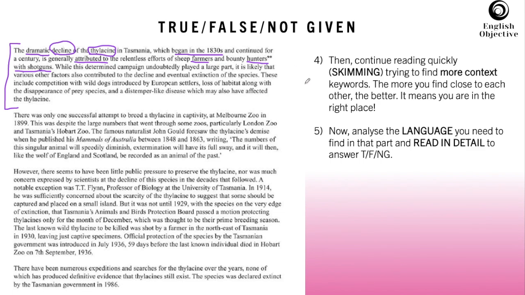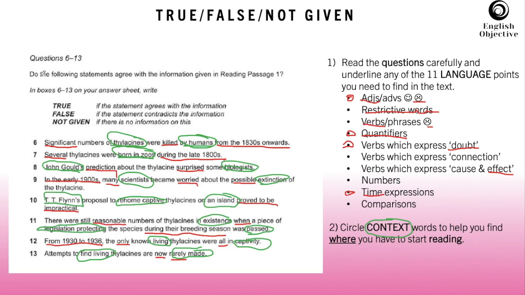And then farmers and hunters, I know that they're both people because they've got ER at the end. So it's the same as teacher, or singer, right? When we have ER, I know it's about people. So in that case, I know that number 6 was true. Why?